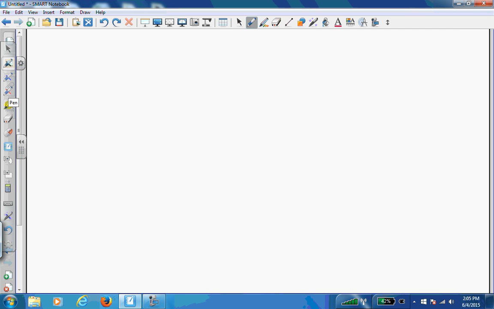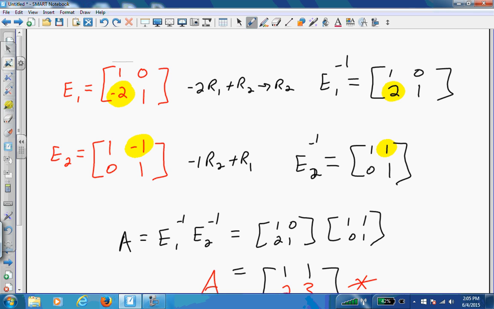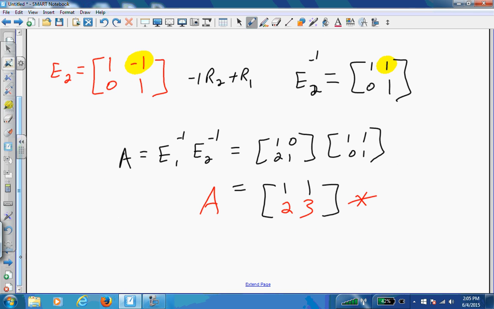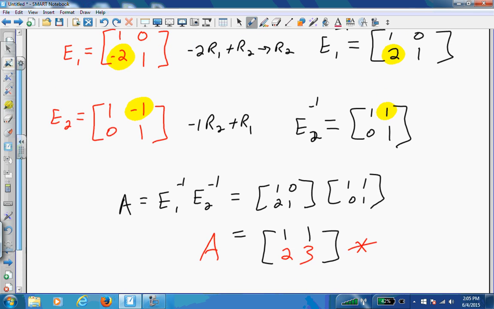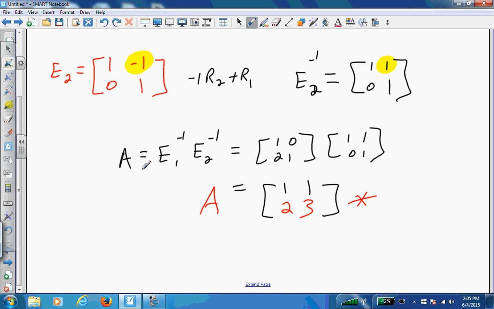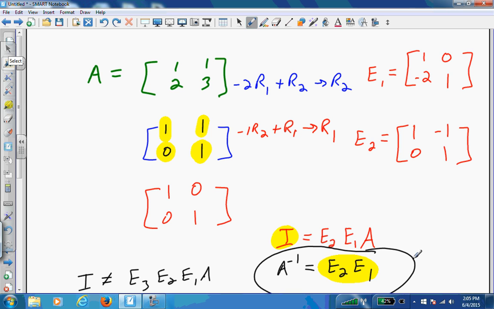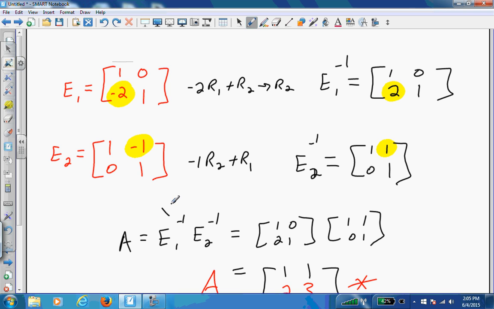We already said only square matrices have inverses, so they will only have inverses if they're square, and if they can be written as the product of elementary matrices. If you can't write A or A inverse, either one, as a product of elementary matrices, then it's not invertible.